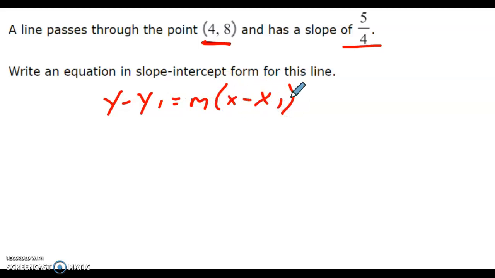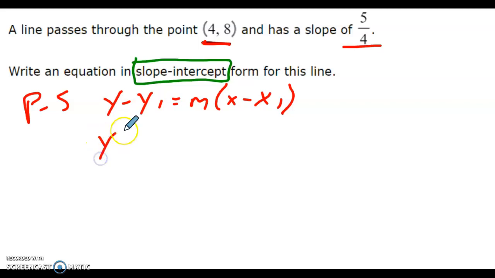So when you're given a point and the slope, you can easily turn that into the point-slope equation. But you're noticing maybe that they want the final answer in slope-intercept. Well, that's not impossible, but it is going to take some work. So we can only get into an equation initially based on what information they're giving us. They're giving us a point and the slope. So we're going to get into point-slope form.